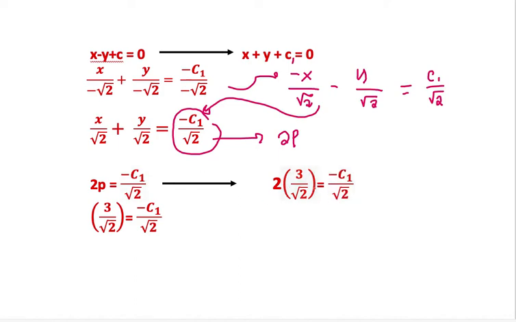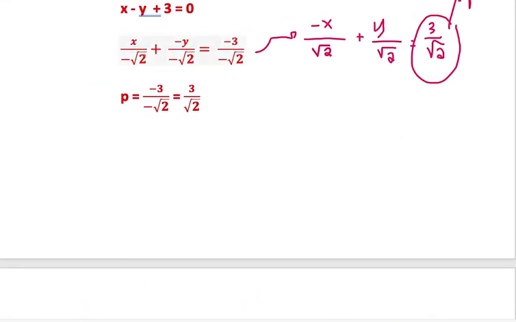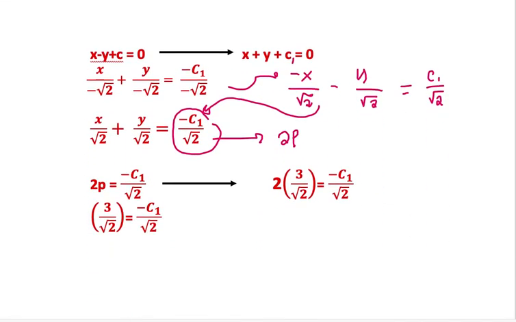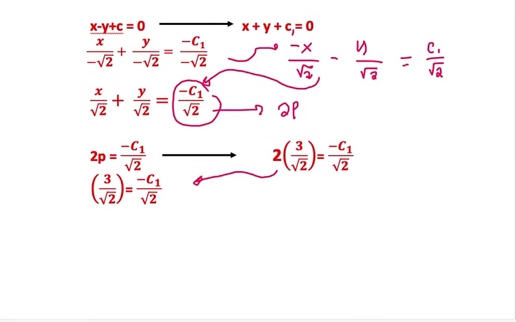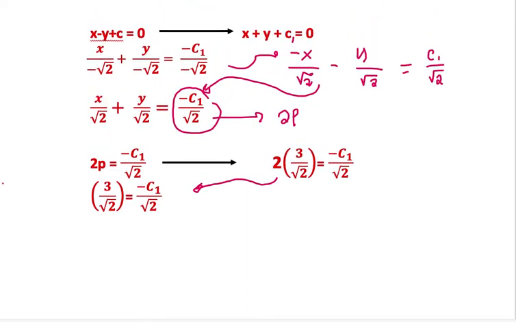Again, change the value of p by the value of p we have solved here. Okay, then 2 times 3, that would be 6. So, this should be 6, and I forgot, it should be 6 over square root of 2 equals negative c sub 1 over square root of 2.